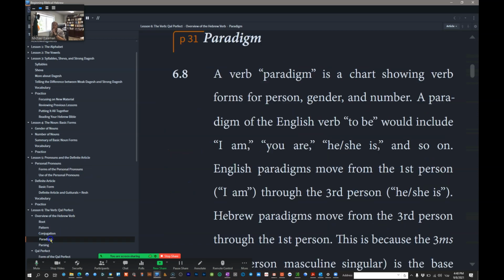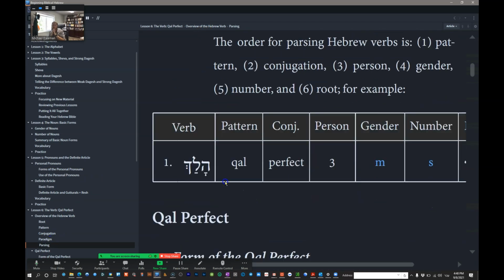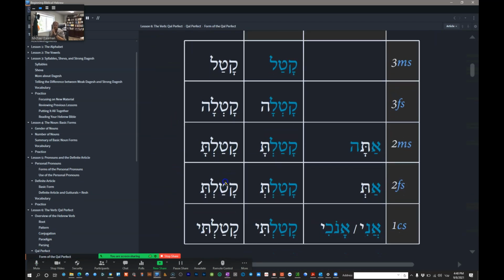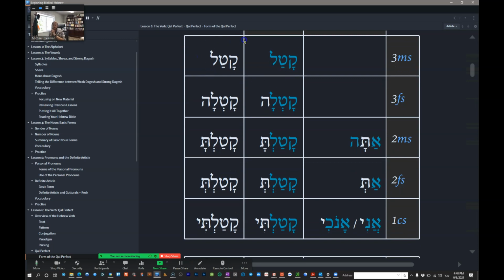So let's go over here to the paradigm, and you can see that the basic form, which is the vocabulary form that we learn, here we take the verb katal because it's so regular, but let's just use achal. We would have the patach, we'd have the kametz vowel in the first root letter. Because this is the first root letter, I often refer to this as R1.